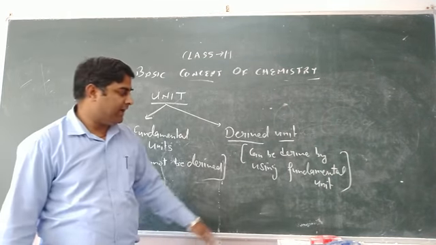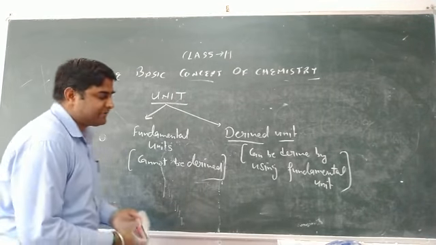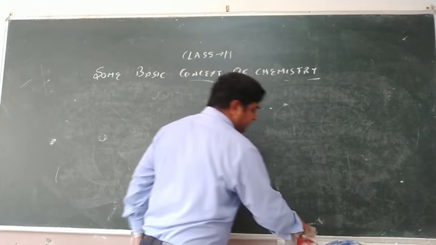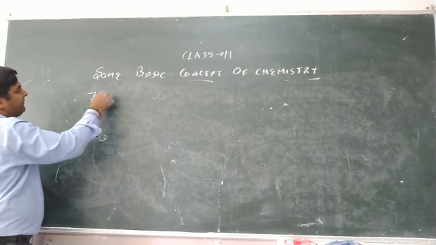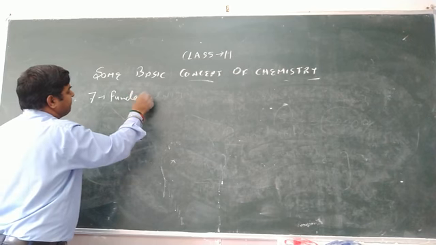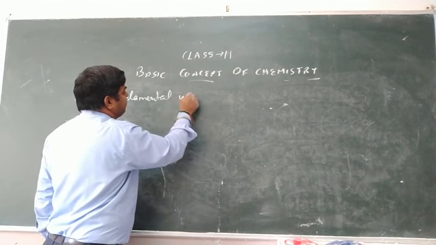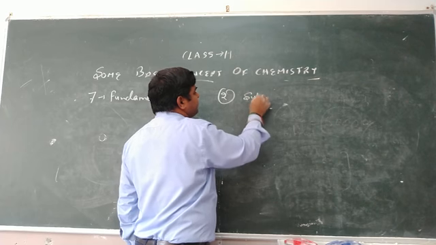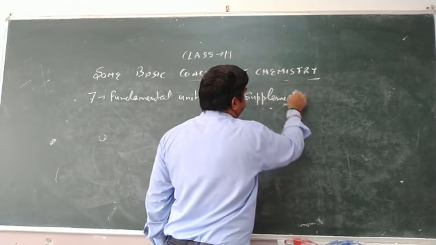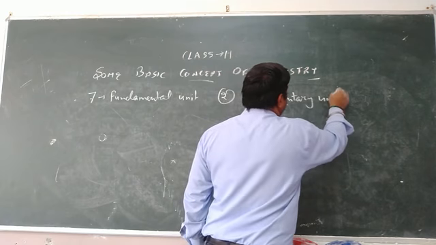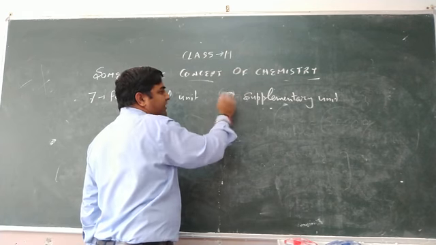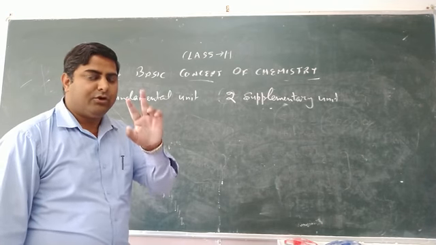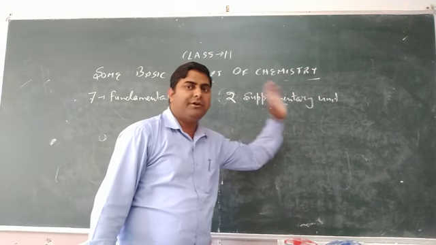Keep in mind, we have 7 fundamental units. There are only 2 supplementary units, and rest all are derived units. 7 fundamental, 2 supplementary, and rest derived units.